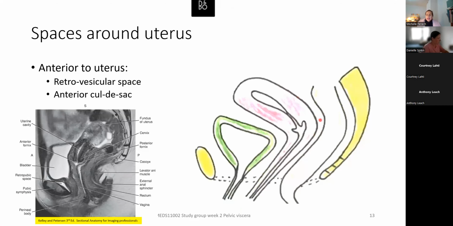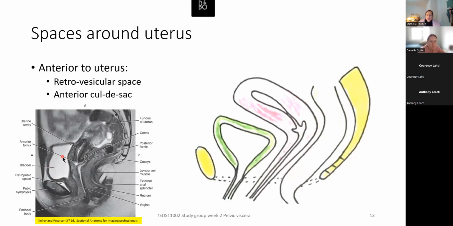So we talked about the space posterior to the uterus. There's also a space anterior to the uterus, and that obviously sits between the bladder and the uterus to a degree. And so we called the bladder, we said things that pertain to that are vesicular.